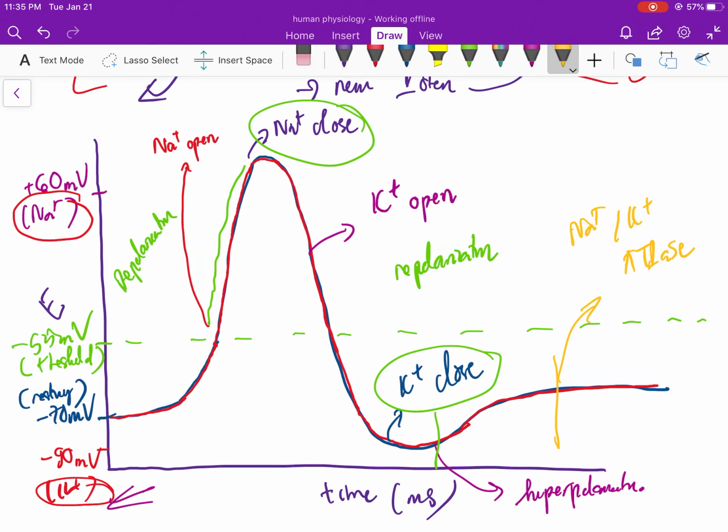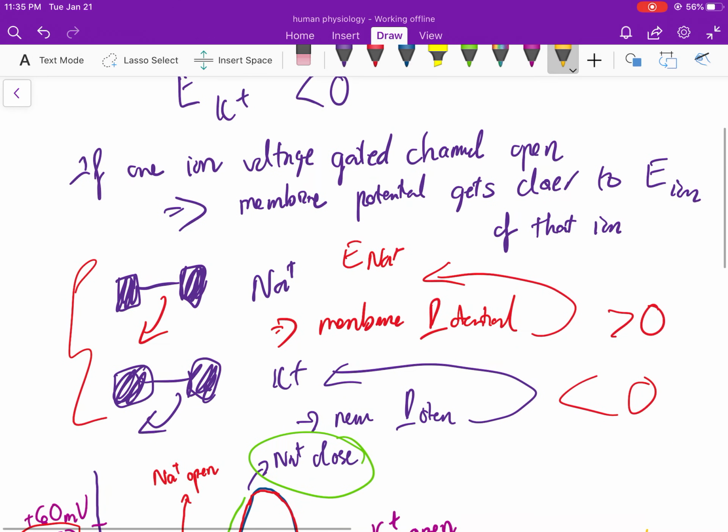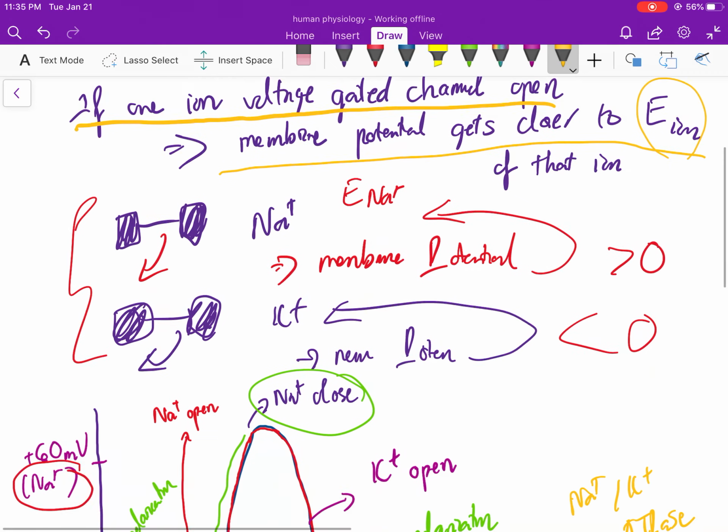So this is the general graph of how our membrane potential works and how it is linked to the activity of all the voltage gated channels. As I said earlier, if one ion's voltage gated channel opens, then the membrane potential gets closer to the voltage number of that ion.